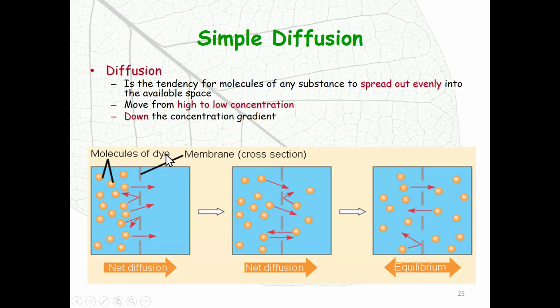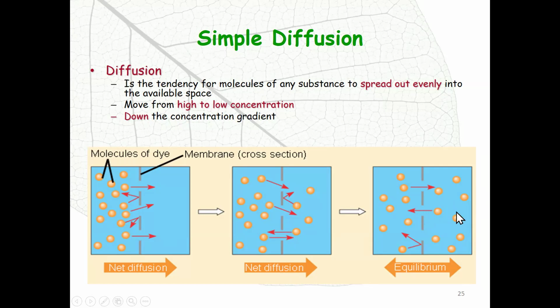If you put molecular dye here, and there is a plasma membrane here, you will see the concentration is high here, so the molecules will diffuse to the lower concentration, net diffusion. Here you see diffusion, and finally, when equilibrium is set, both parts have the same concentration, then the movement will stop.